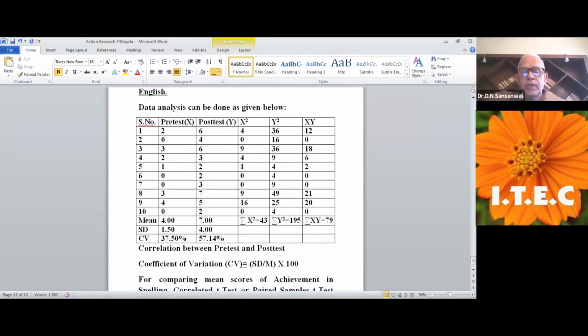Now you can calculate correlation. Do you know the formula for calculating correlation, or should I tell you? Oh, y square is 192.